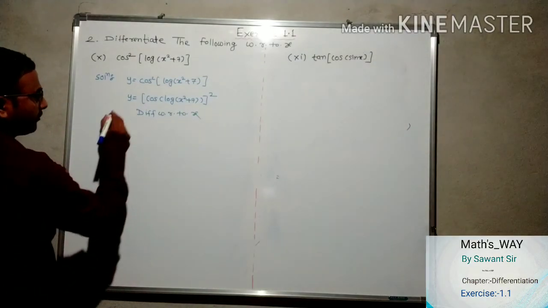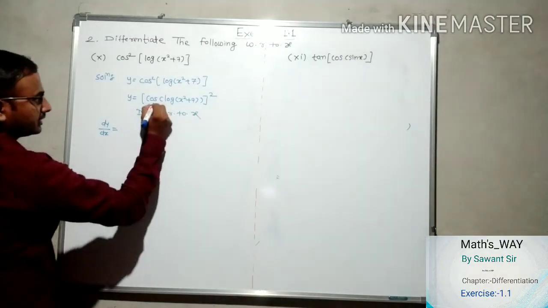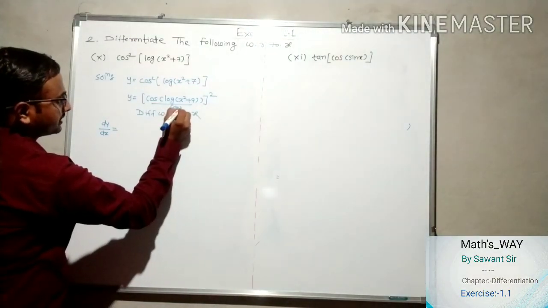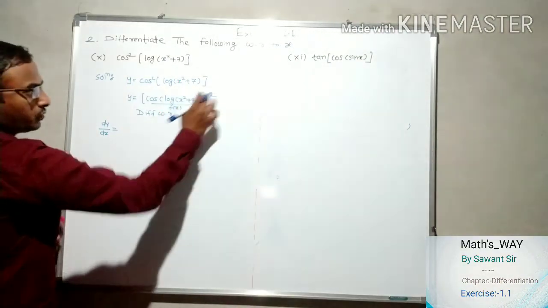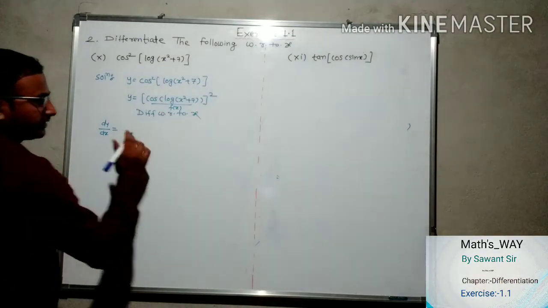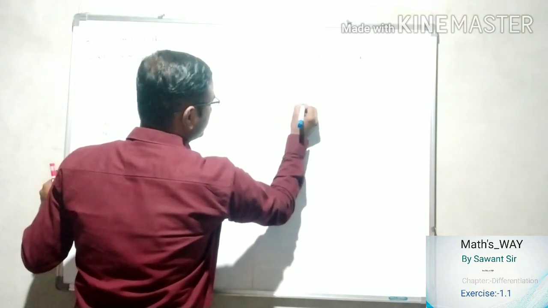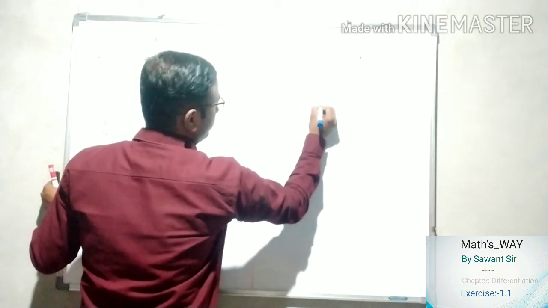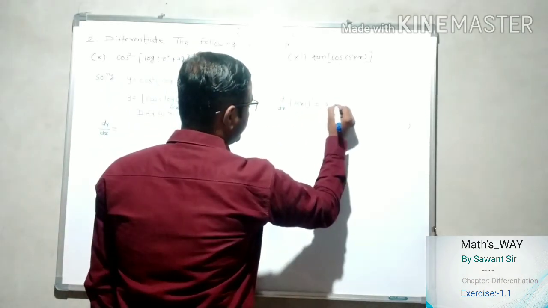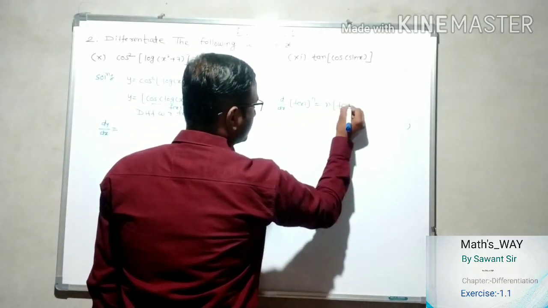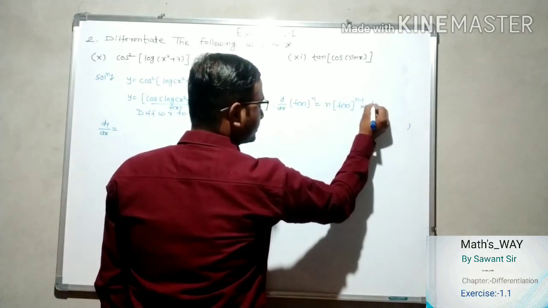So derivative of y, dy by dx is equal to, this term can be f of x, f of x to the power 2. So 2 into, by using the formula, derivative of f of x to the power n, which is n into f of x to the power n minus 1 into f dash of x.